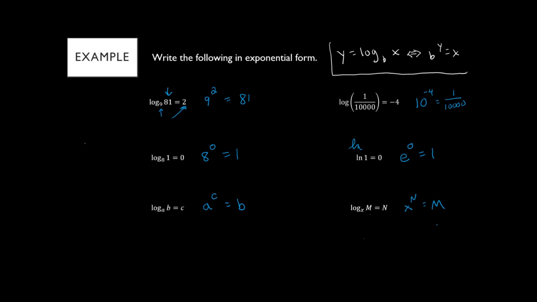And the way that I like to think about it is, let's say we have 8 squared, so that's 64. 8 to the first is 8. So if you notice the pattern, to go from 64 to 8, you can divide that by 8. So if you follow the same pattern, you're dividing by 8. That means 8 to the 0 has to equal 1, because 8 divided by 8 is equal to 1.